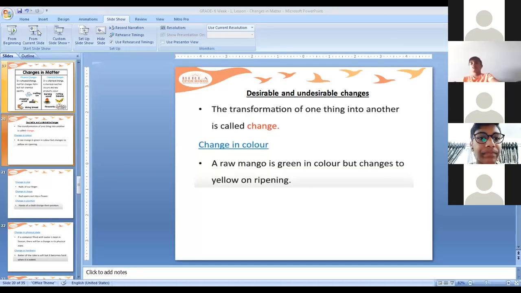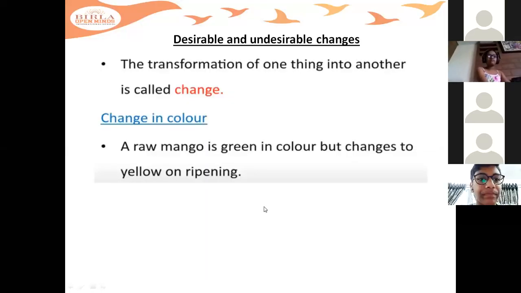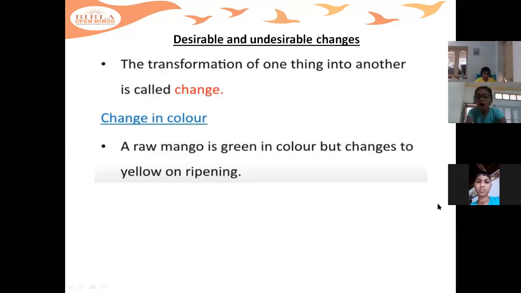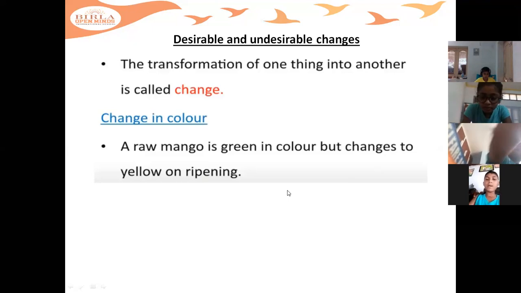Yeah, write it down, children. Please note it down. Keep your camera on, everyone. Yeah, note it down. Desirable and undesirable changes. Transformation of one thing into another is called a change.